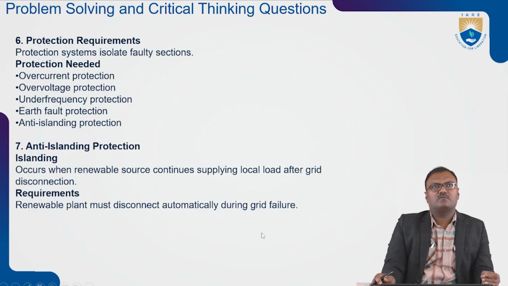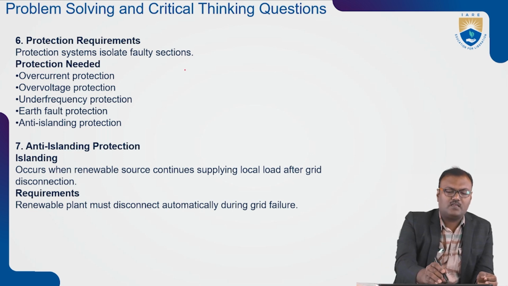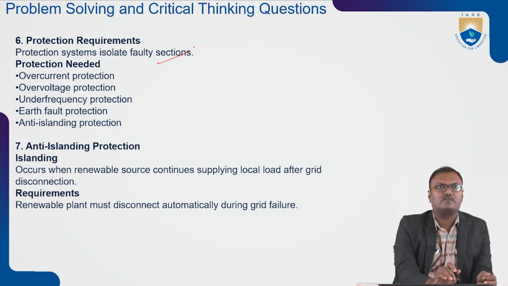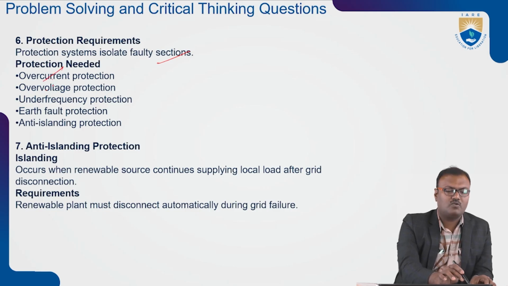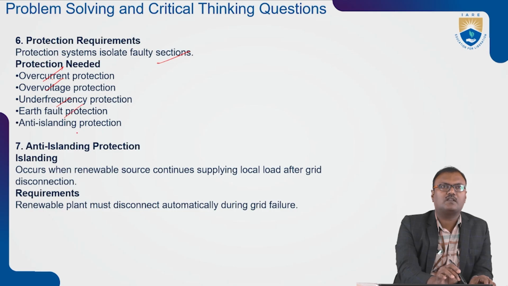And last one is protection. Next one is protection requirements. Protection systems isolate the fault section from healthy sections. This is needed because of overcurrent, over voltage, under frequency, earth fault protection, and anti islanding protection. And next one is anti islanding protection.